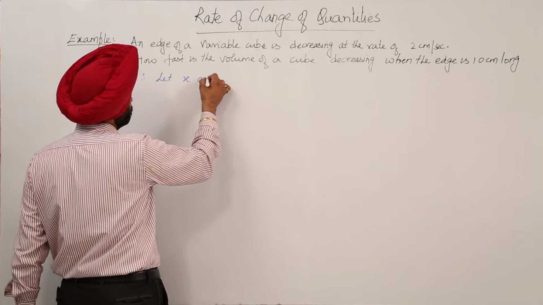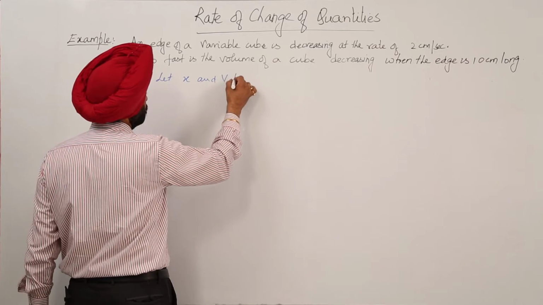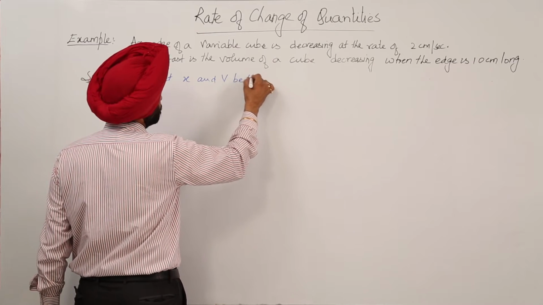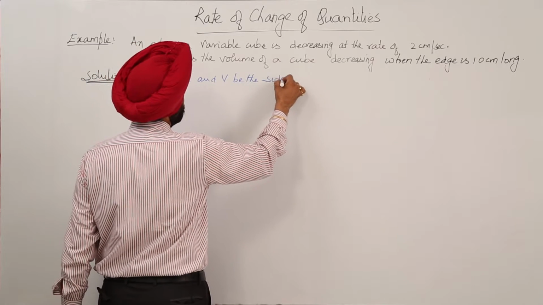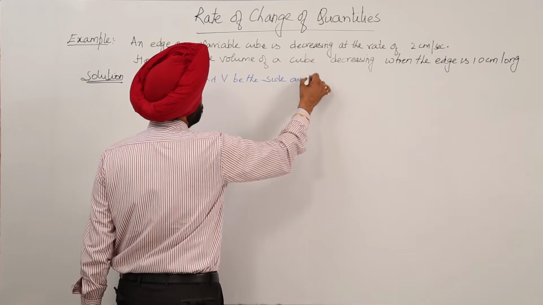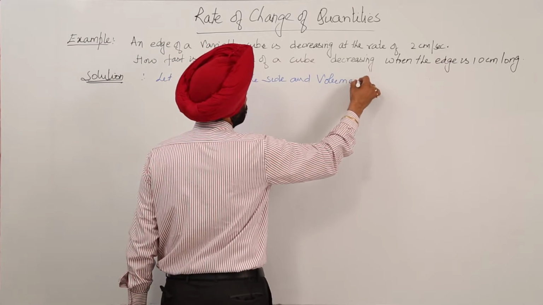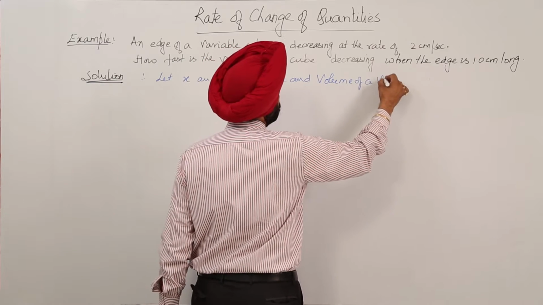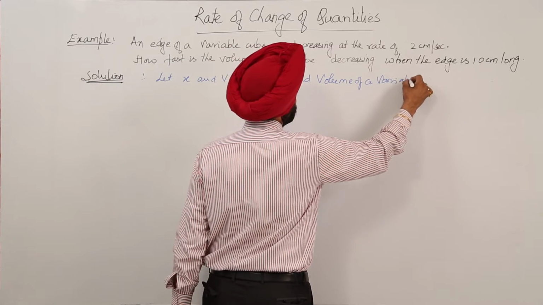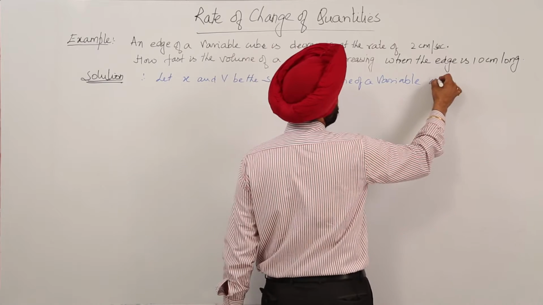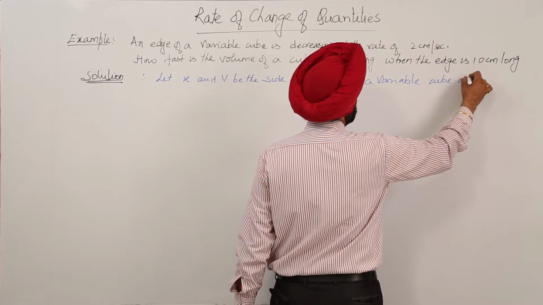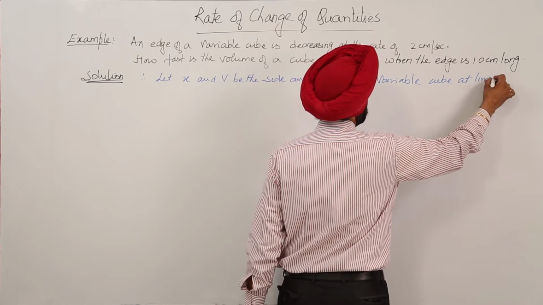Let x and capital V be the side and volume of a variable cube at time t.